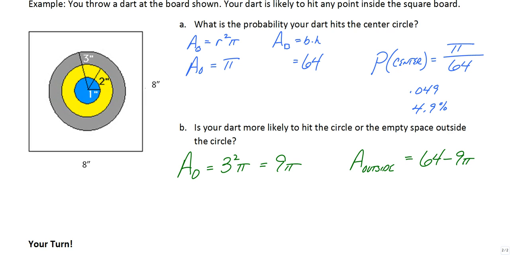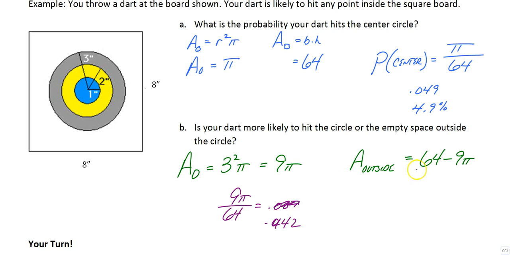Now we have to find the probability. The probability of hitting the circle would be 9 pi divided by your total of 64, and that will give you 0.442.